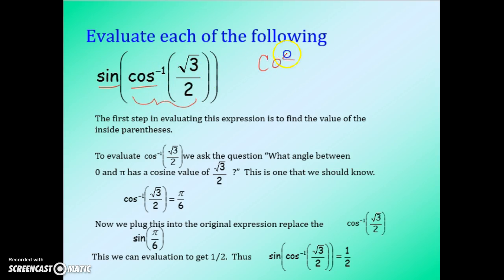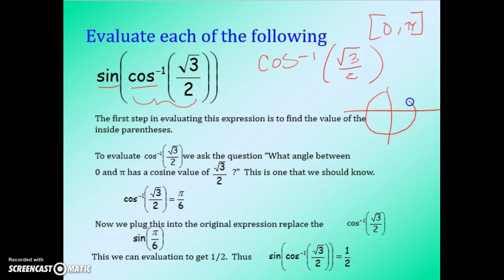The first thing that we want to find is the cosine inverse of positive root 3 over 2. Remember that our domain has to lie between 0 and pi. We're looking for an angle measure on that domain. So we go to the unit circle. We look for where cosine is positive root 3 over 2. That happens here at pi over 6, and we're from 0 to pi.